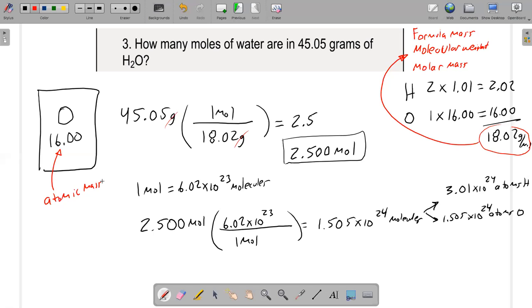Formula mass is most preferred. But if you're doing a conversion factor between moles and grams, then it's appropriate to say molar mass. It's inappropriate to say that this is an atomic weight because it's not just the mass of an individual atom. If it's oxygen, that's appropriate to call the atomic weight. So here it's appropriate to call it the molecular mass or the molecular weight.